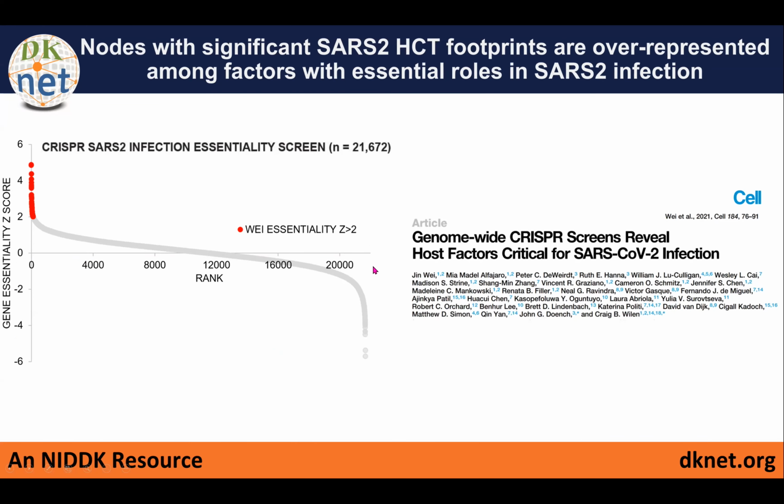But again, as with the consensome, we needed a more independent evaluation of whether or not we were identifying things that were actually involved in the response to SARS-2 infection.